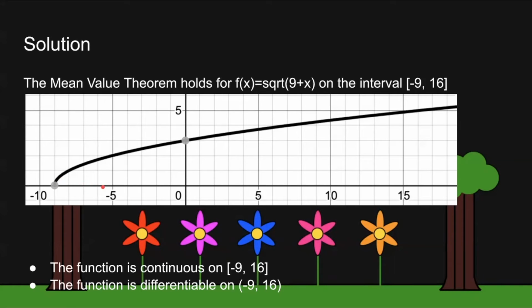So that means that we do not need to consider values that are less than -9. So we don't need to consider the fact that to the left of -9, this function doesn't exist. So therefore, this function is continuous on the closed interval [-9, 16]. And then this function is also differentiable on the open interval. So the mean value theorem does hold.